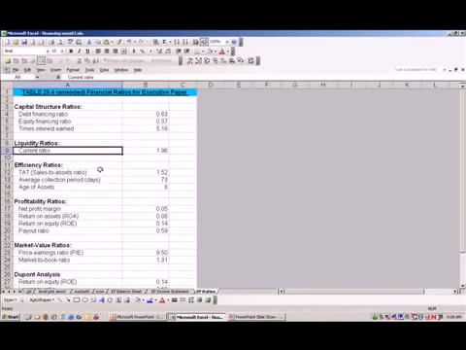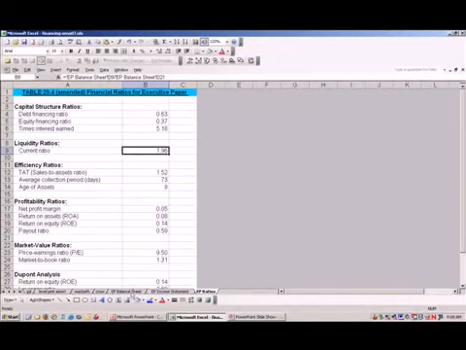Next, let's calculate the current ratio. The calculated number is 1.96. Now let's see how that was arrived at. You can see the formula involves the ratio of two numbers from the balance sheet again, D9 and D21.